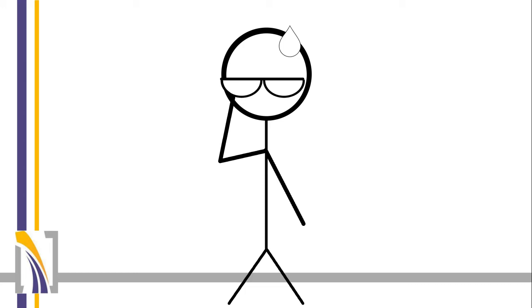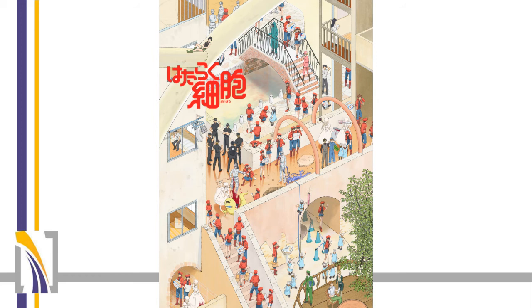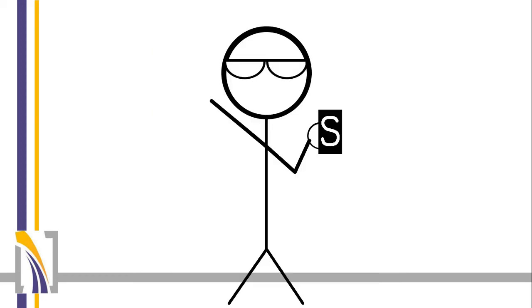The first episode of that anime is about blood. It's called Hataraku Saibo, or in English, Cells at Work. I don't want to force you to watch this, but if you want, you can download it from the Google Drive. I will put it in the materials folder.